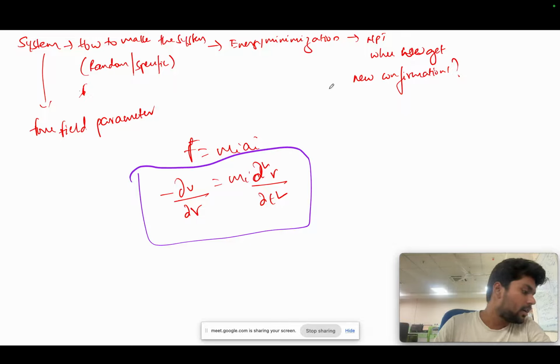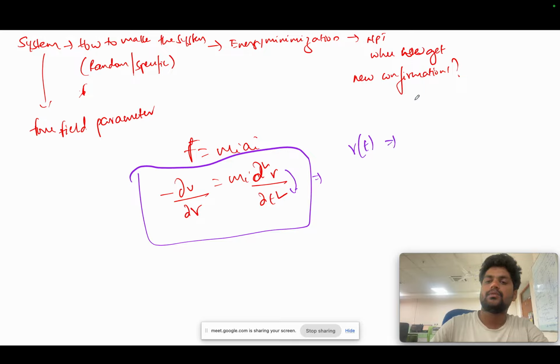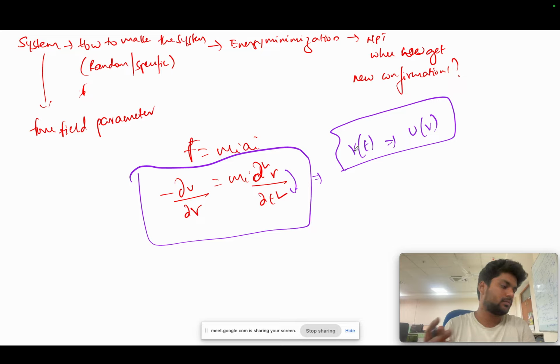So now we have this equation. What it says is we are getting the changes in r with respect to U of r. So how will we get it? To derive it mathematically, we convert this equation into two first order equations.